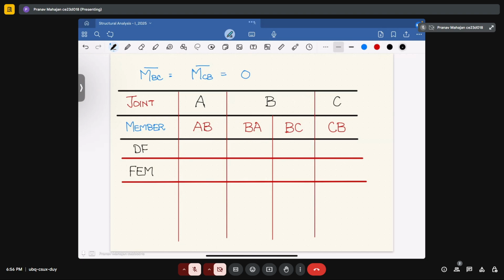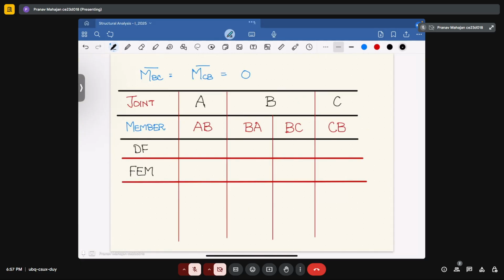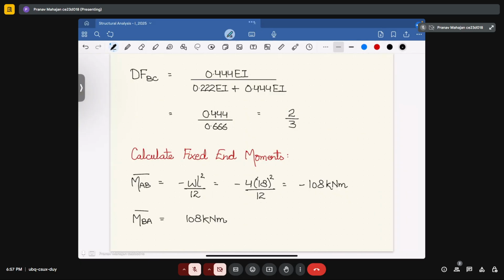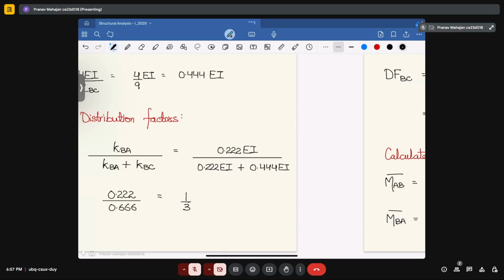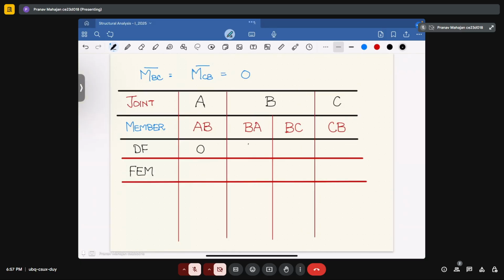So here the distribution factors are, as we have already mentioned, for the fixed end, it will come out as 0. For BA, we have calculated it as 1 by 3. And here it will come out as 2 by 3. And the other end is also fixed, and that will be equal to 0.